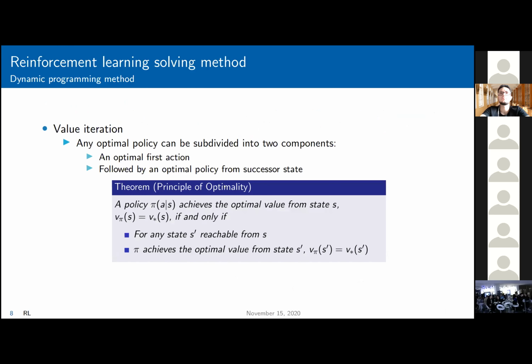Then comes the value iteration part. Analyze value iteration from the perspective of policy iteration. The value function update can be divided into two steps. The first is policy improvement.